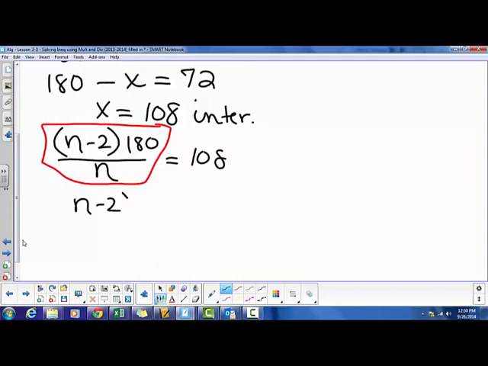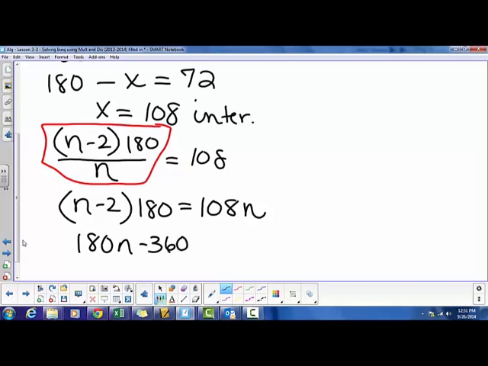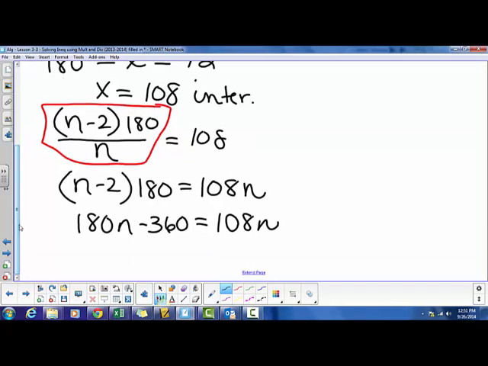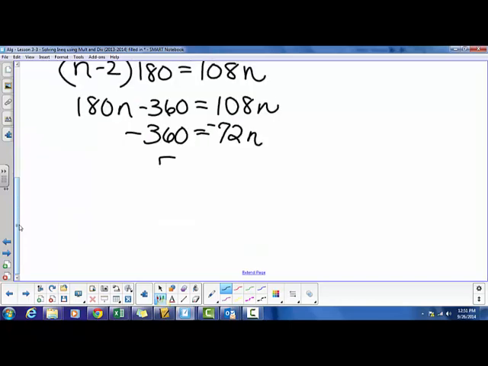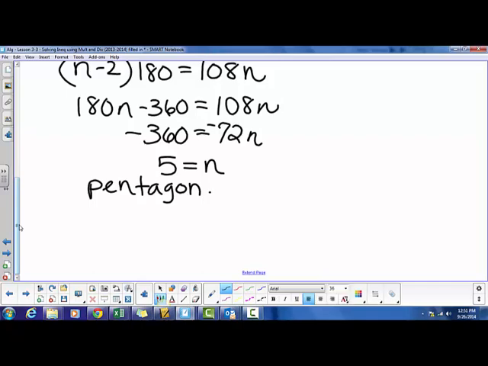So I have n minus 2 times 180 equals 108n. Distribute, 180n minus 360 equals 108n. I'm going to subtract 180n from both sides. So negative 360 equals negative 72n. When I divide both sides by negative 72, I find out that n equals 5. So what kind of a shape is this? It is a pentagon. Okay?